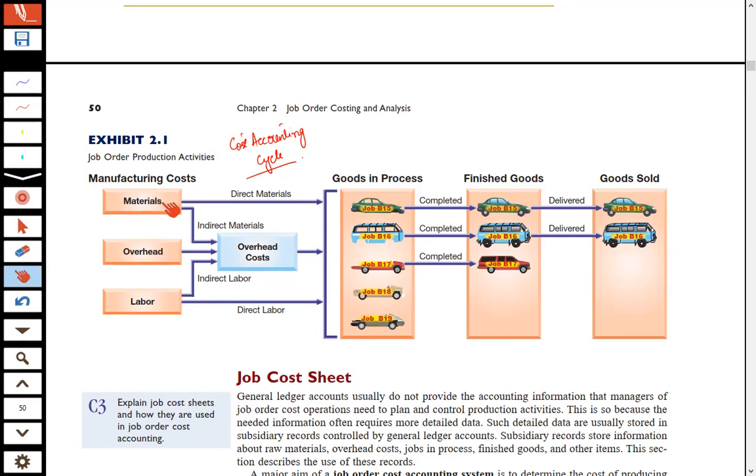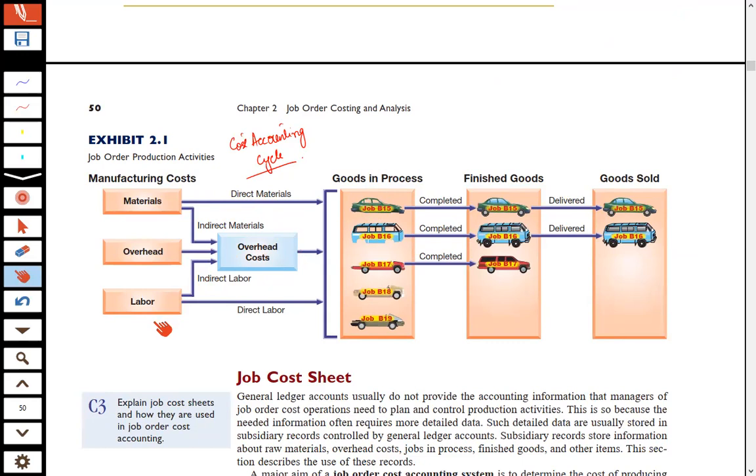Materials, as we had earlier discussed, comprise two things: direct materials and indirect materials. Direct materials go into the goods in process, and indirect materials also go into goods in process but via overhead cost, because indirect material, indirect labor, and other expenses are classified as overheads. This is the story of material.